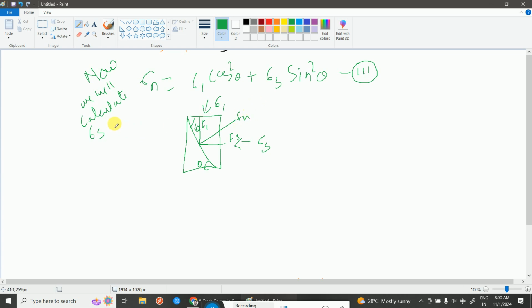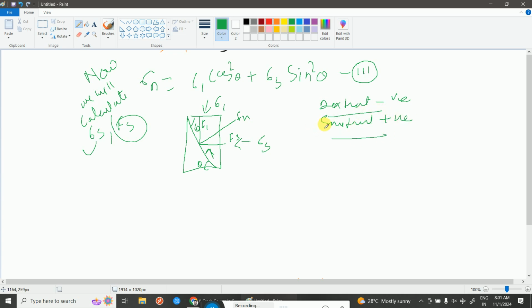So we will calculate Fs, and from this Fs we will calculate the shear stress. Okay, one thing you know, for the dextral side you have to take the negative, and for sinistral you have to take the positive.